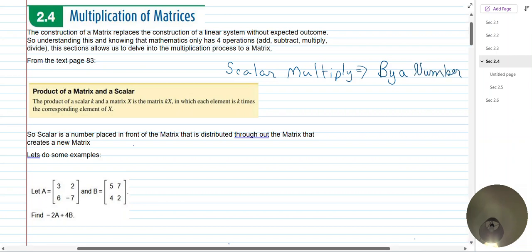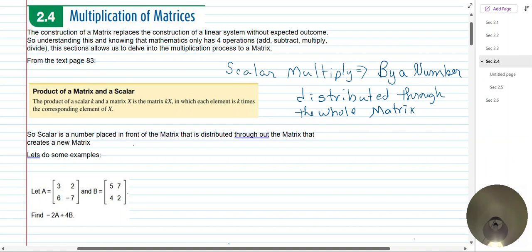It's a scalar, a number, and it is distributed through the whole matrix. I'm going to do one by hand. I will do it by calculator. So let's look at this guy right here.